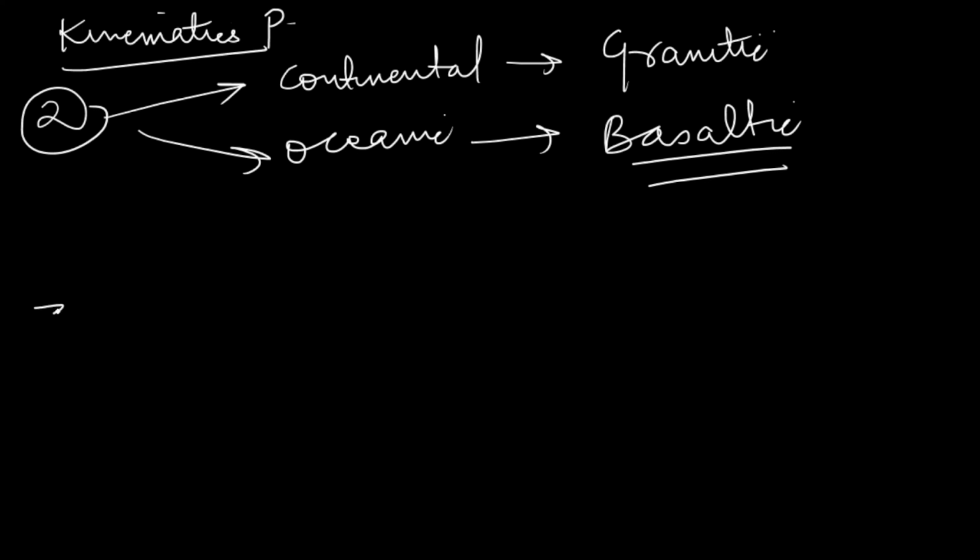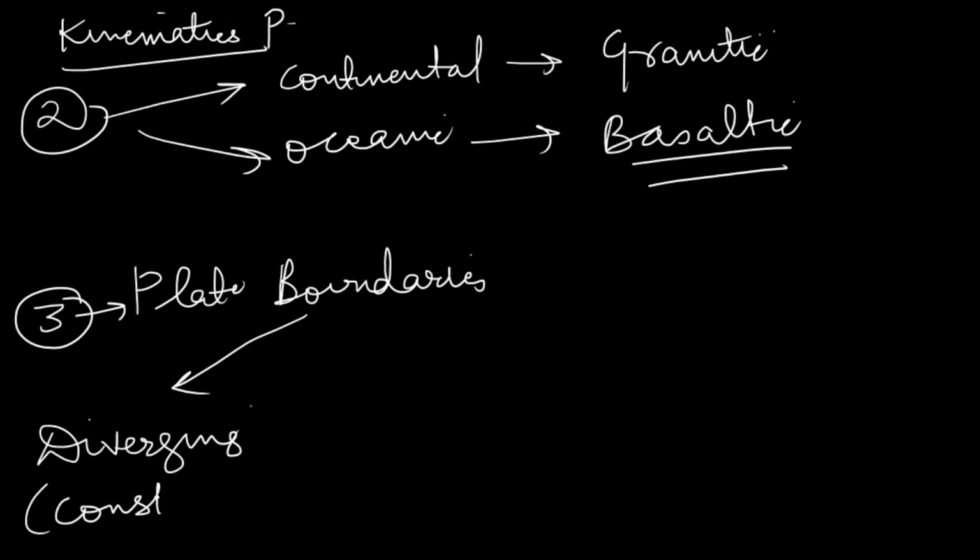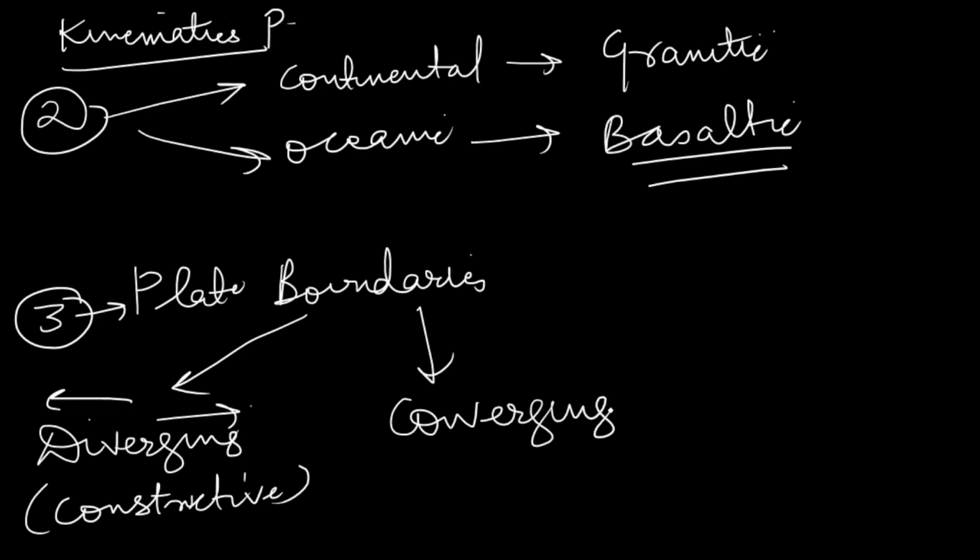Now there are three types of plate boundaries. The first one is the diverging plate boundary, which is also known as constructive. Diverging, that is going apart, going away from each other. Then we have converging plate boundaries, that is destructive.